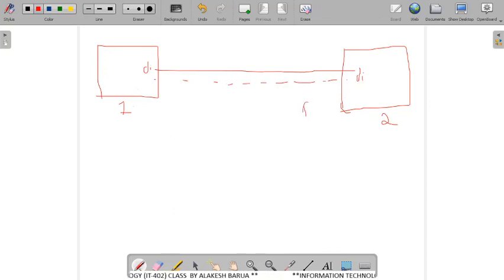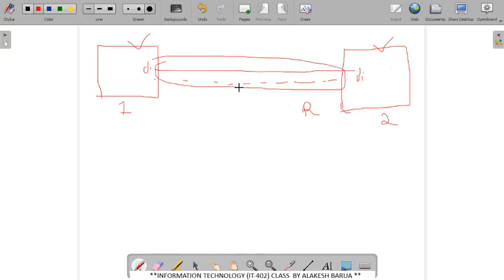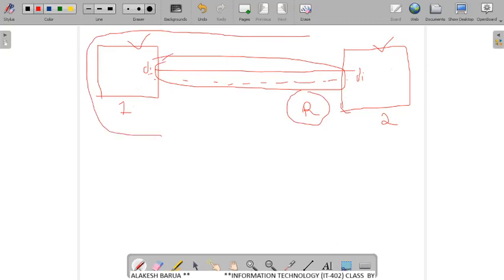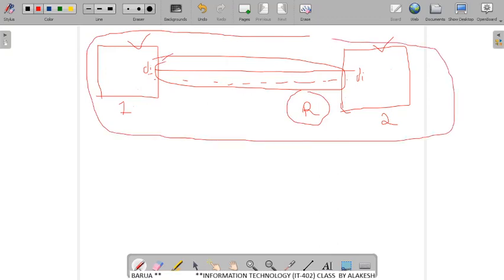So two devices, if they are connected together using any medium, it can be wired or wireless, to exchange data and information over that medium, and which follows certain rules and regulations, then those devices are said to be in a network.